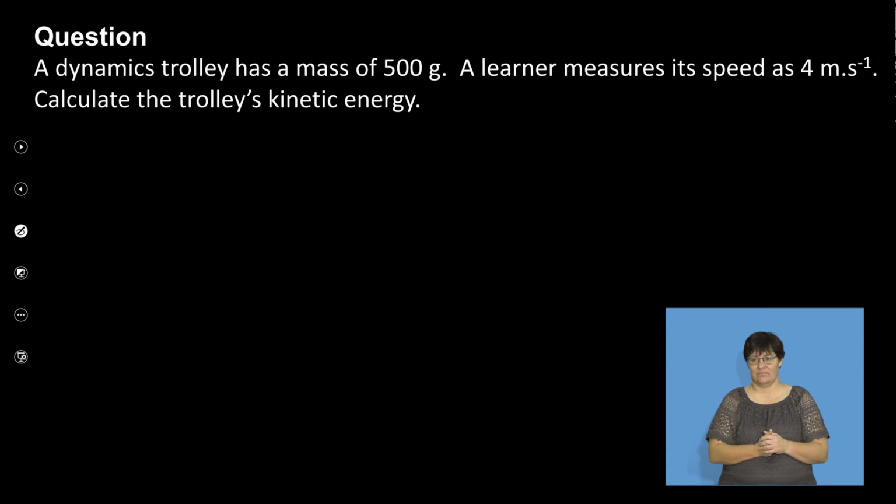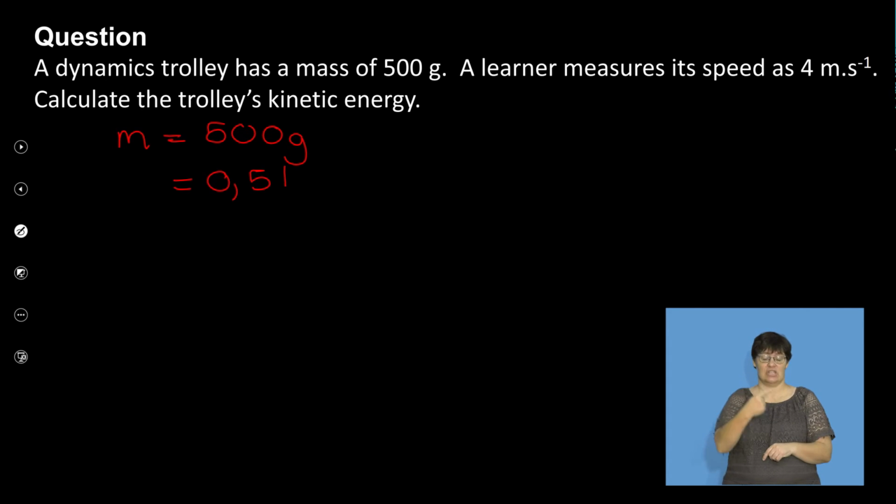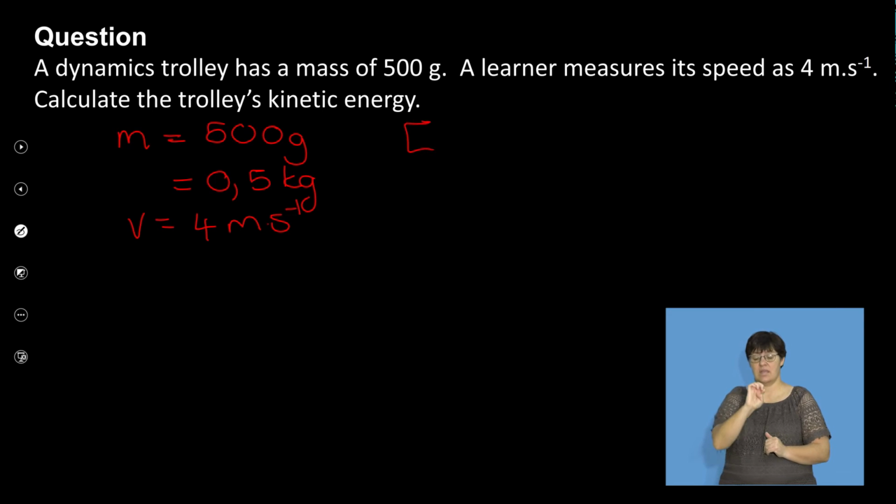So, we have a mass, 500 grams, but it needs to be in kilograms, so that's half a kilogram. That's going at 4 meters per second. So my kinetic energy is a half mass times v squared.